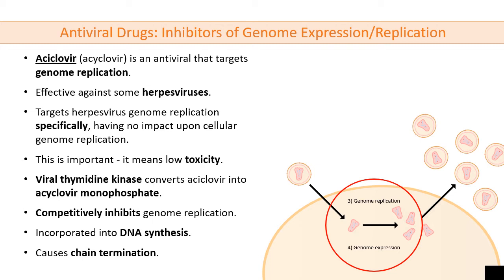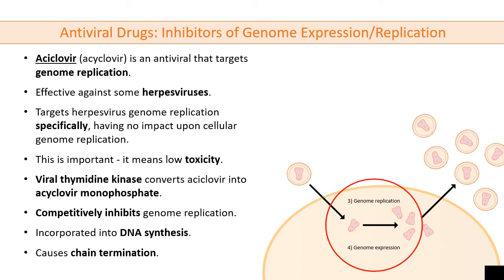Acyclovir is a drug that successfully does this. It's utilized against a range of different herpes virus infections, and again, the principle is it's targeting viral genome replication and viral genome expression.